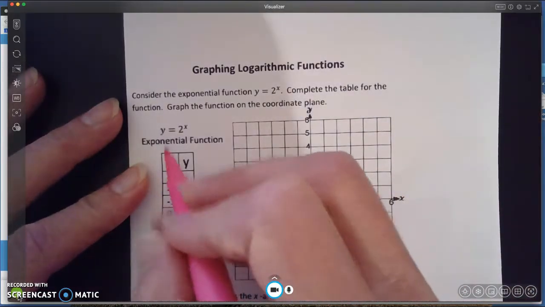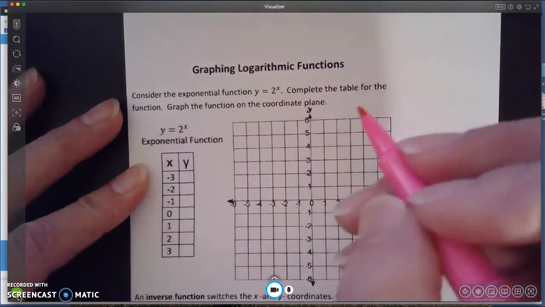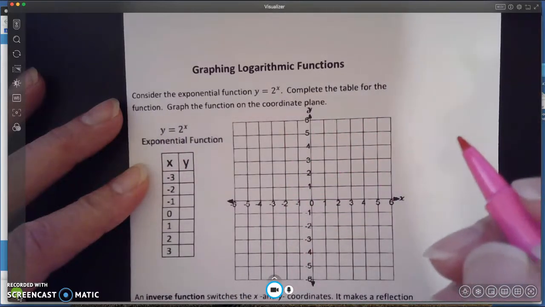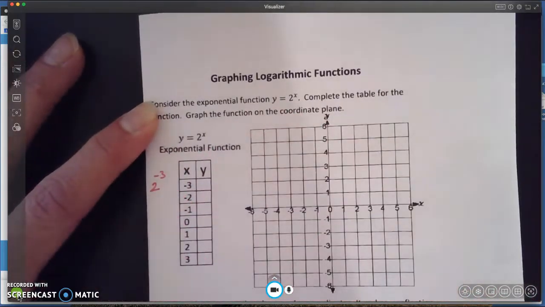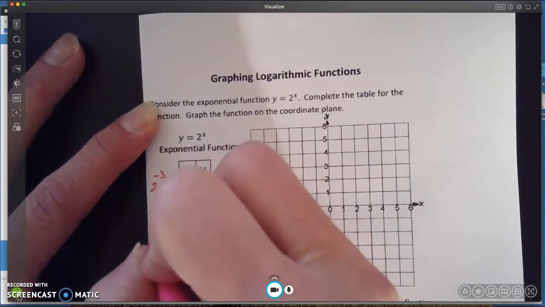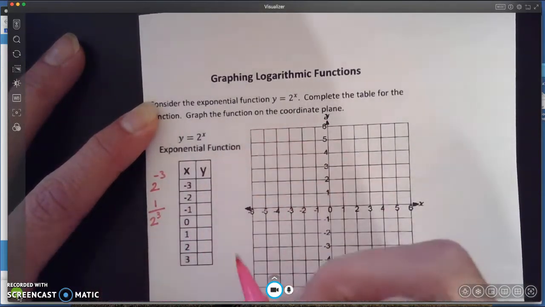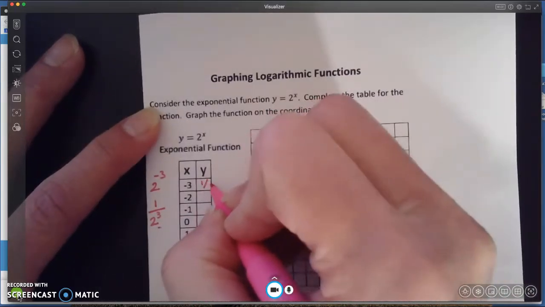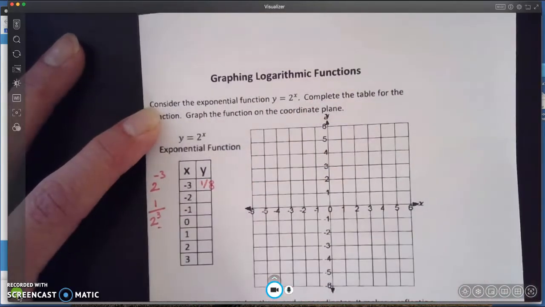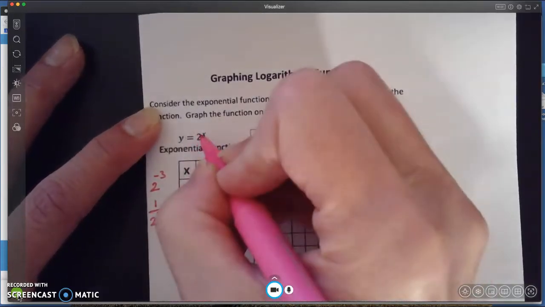So if I plug in -3, I don't have room, but maybe I'll do it right here. So 2 to the -3 is like saying 1 over 2 to the +3, and 2 to the +3 is 8. So really this is 1 over 8. Then I'm going to plug in -2 up here.